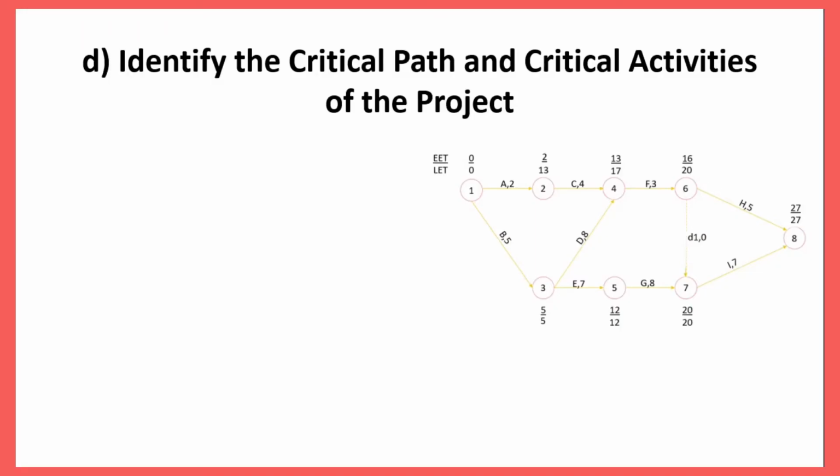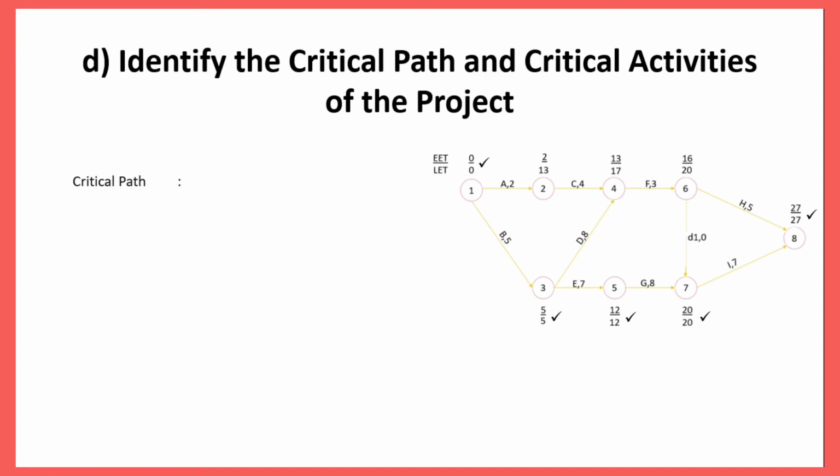For D, to identify the critical path and critical activities of the project, firstly, you must look at the diagram and refer to the nodes that are equal in EET and LET. As you can see, from number 1 to number 3 to number 5 to number 7 and to number 8 is equal.